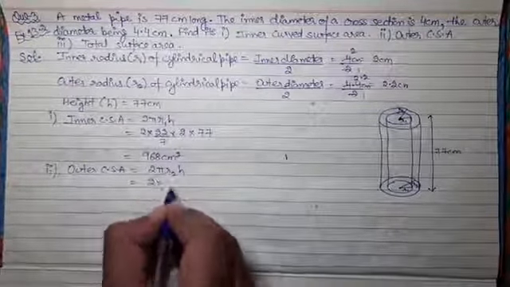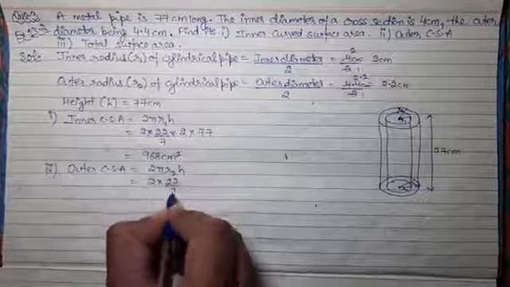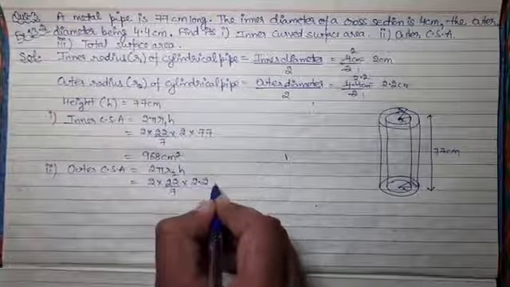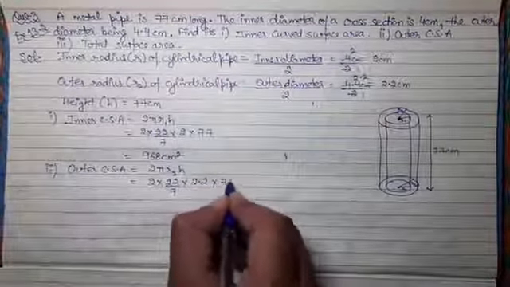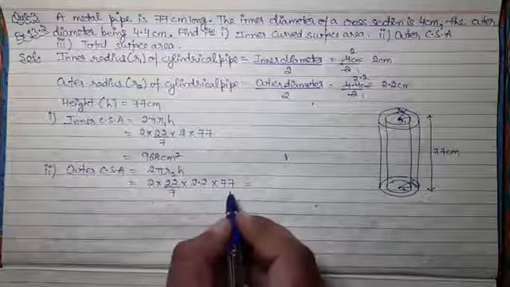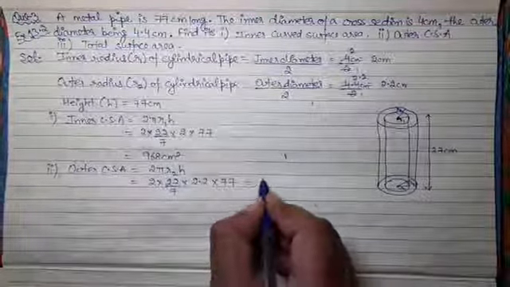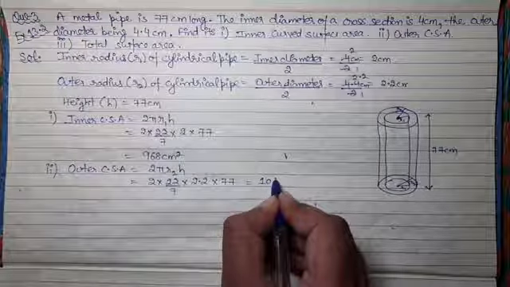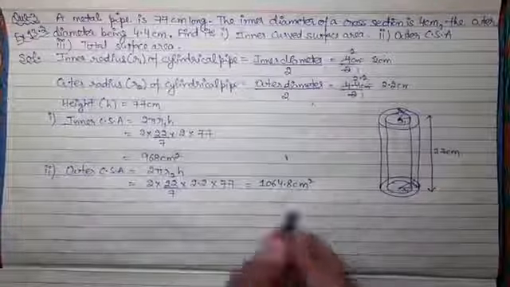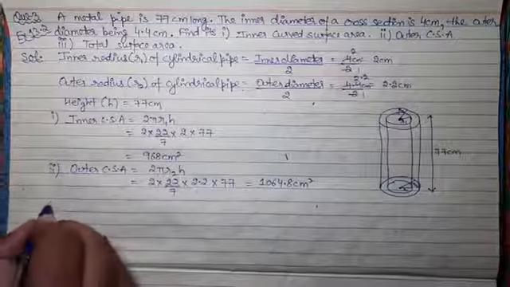Again, substituting the values of pi, R2 is 2.2 centimeter and height is 77. When we solve this, it will become 1064.8 centimeter square.